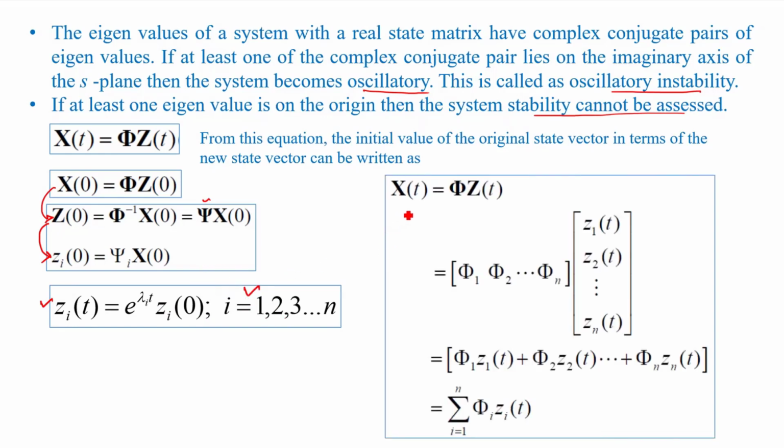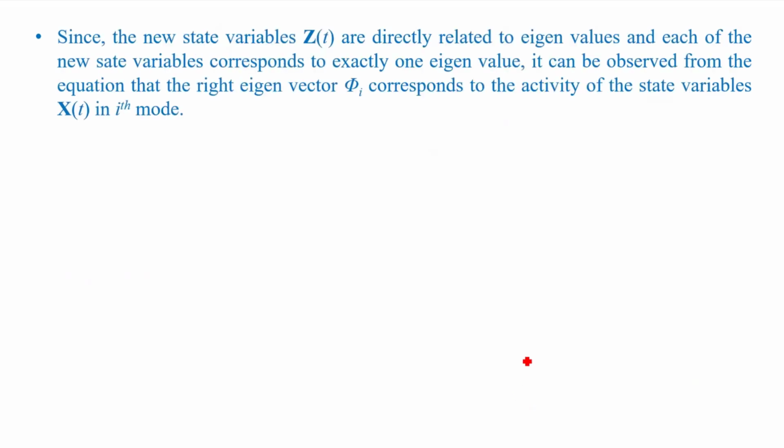Now x(t) is equal to phi of z(t). If we expand it in vector form, phi 1, phi 2, up to phi n are all column vectors multiplied with all the states. We find the combination phi 1 z1(t), phi 2 z2(t), which is nothing but the summation over i from 1 to n of phi_i z_i(t).